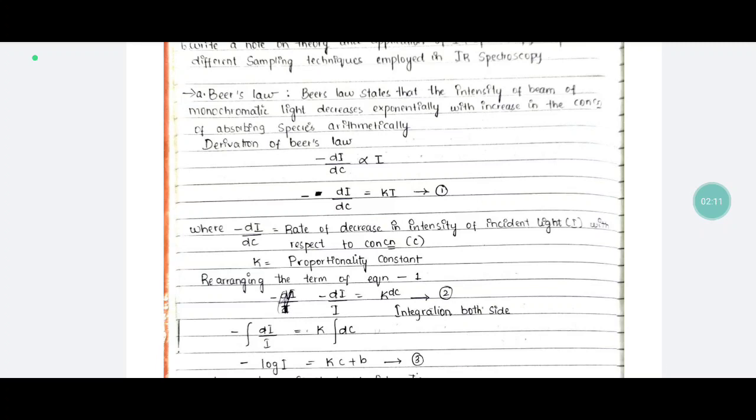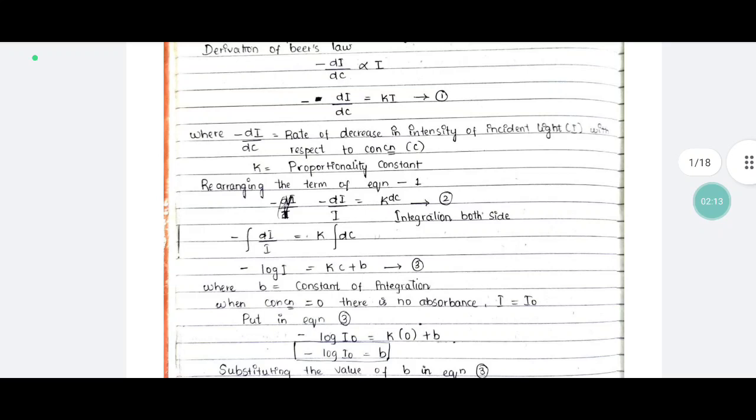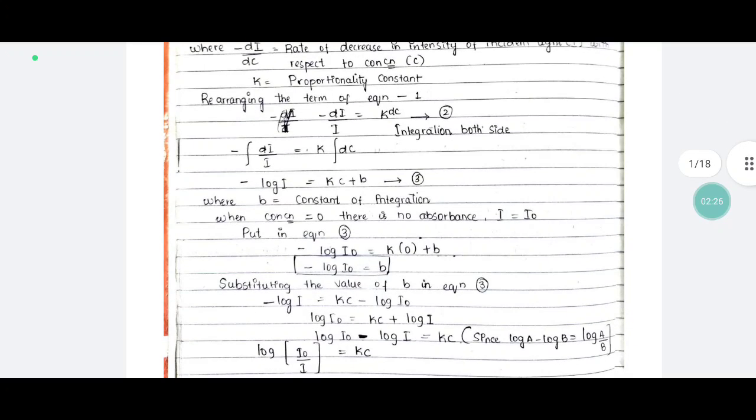By integrating both sides, we get minus log I is equal to kC plus b, which will be the third equation, where b is the constant of integration. When the concentration is 0, there will be no absorbance, or I is equal to I naught. Then we can put these values in equation 3.